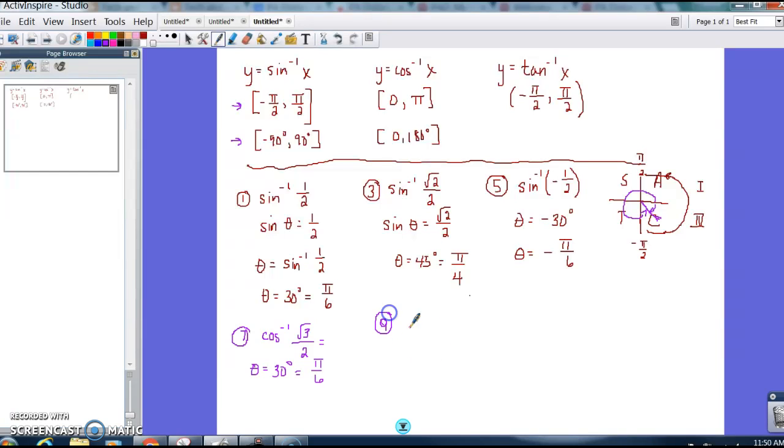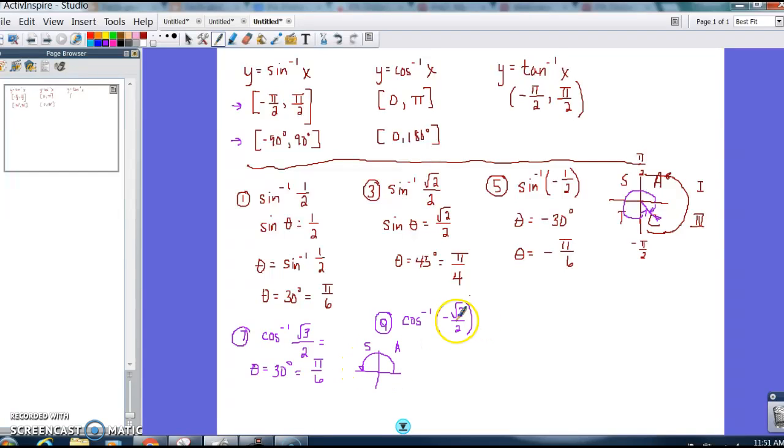Problem number 9 is then a negative. So it's inverse cosine of negative root 2 over 2. So inverse cosine only exists from 0 to pi. So if you're looking at your graph, that would be from here to here. Remember, in the first quadrant, everything is positive.